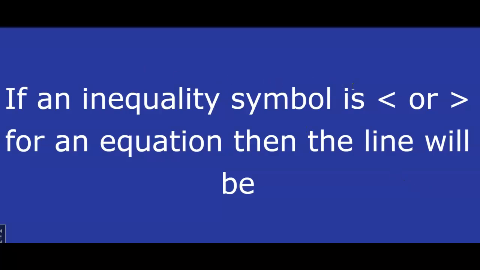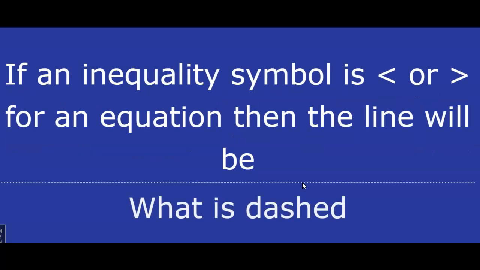If an inequality symbol is less than or greater than, my line will be solid or dashed? Dashed. So again, if I have you graph an inequality, that's one point. Whether your whole graph is wrong, if you dash that line, you get a point.